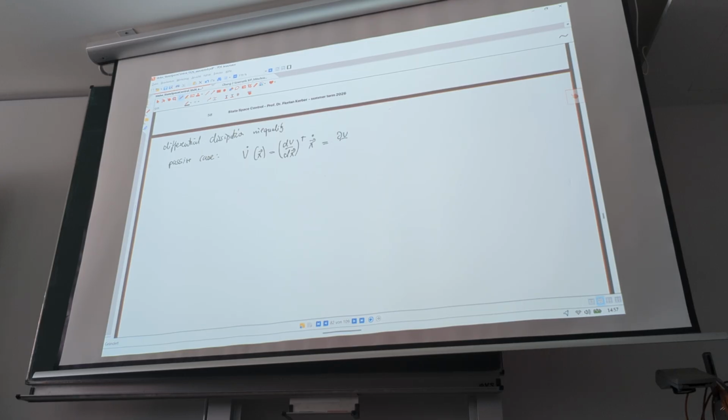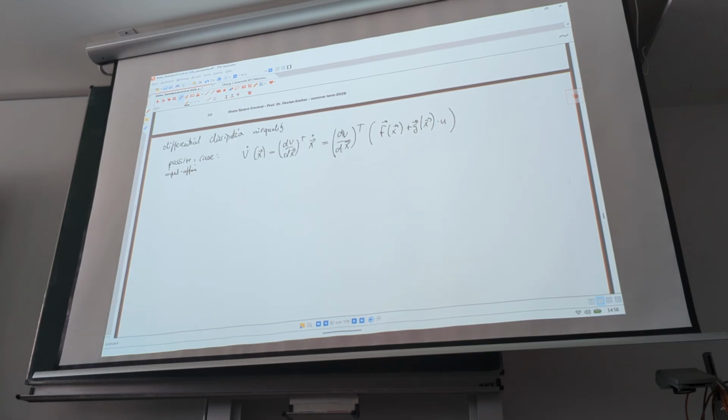This would be the dV dx transpose times x dot, the passive case, and I also make it the input affine case, so that we have affine. Then I say this is an f of x plus a g of x times u.